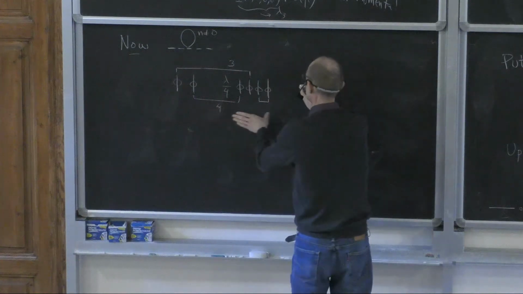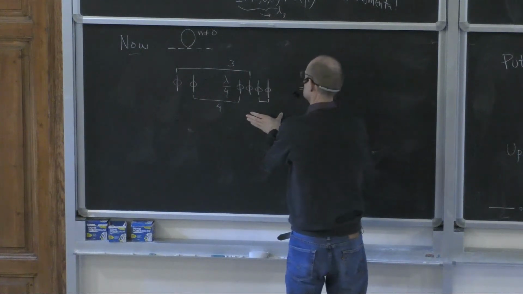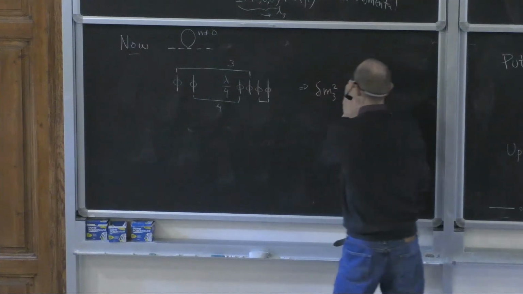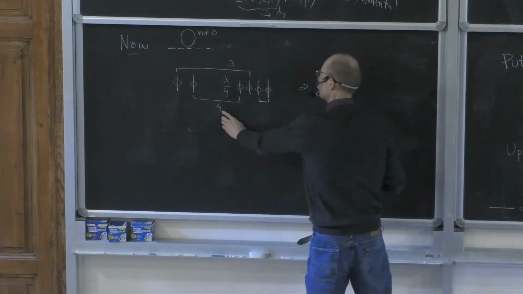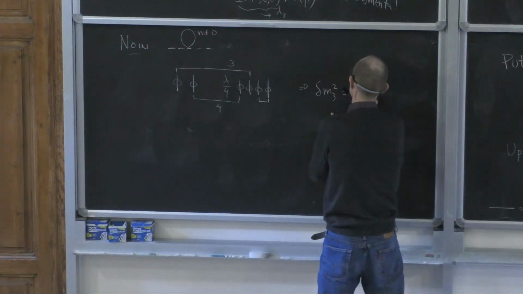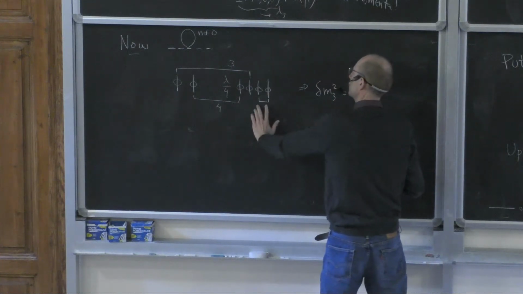And so what I learn from here is that I get a contribution to this mass, which is 4 times 3, where the 4 cancels against the 1 over 4, so it's 3 times lambda. And then there is this loop.